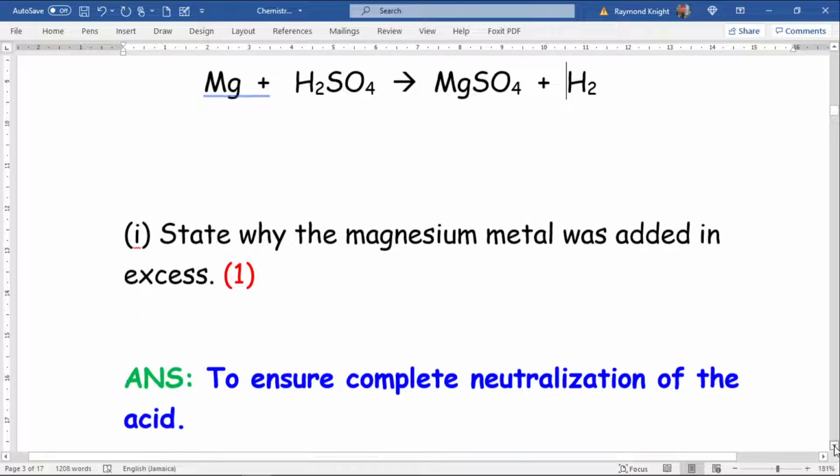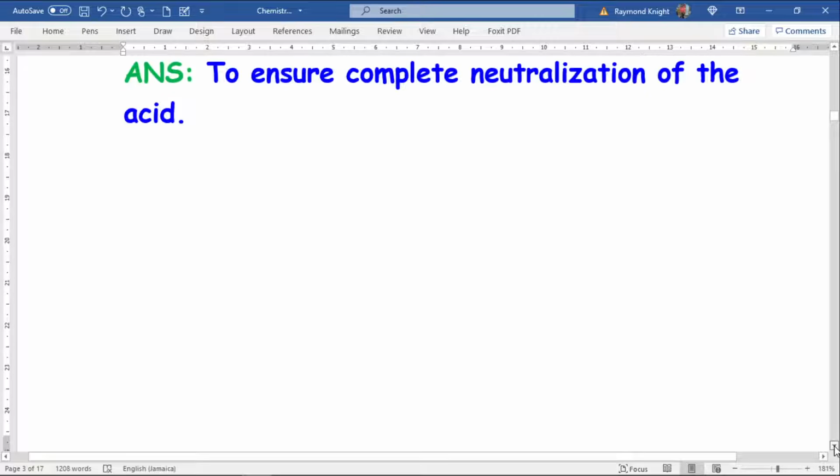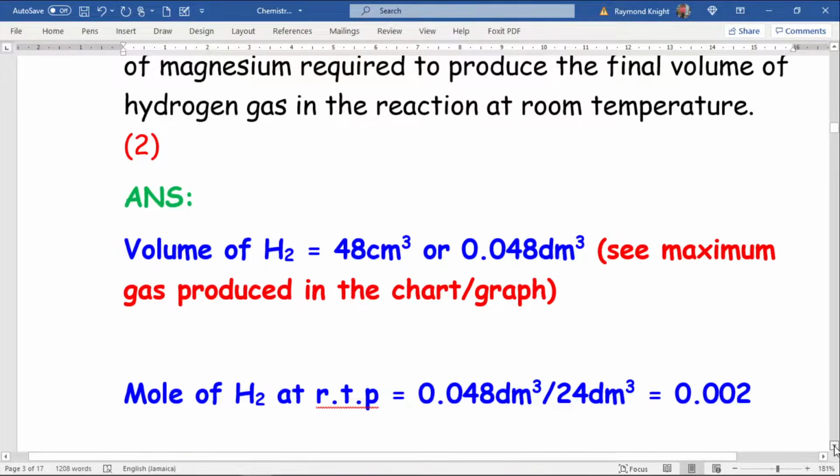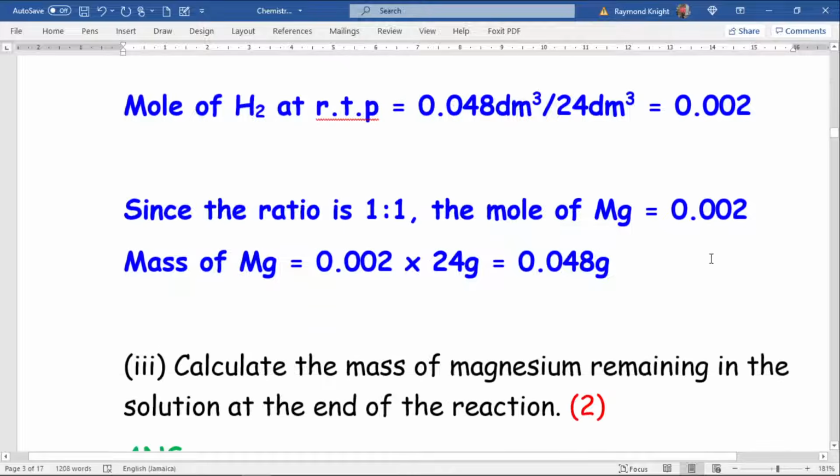That's why the mole of hydrogen gas produced is the same as the mole of magnesium used. However, to find the mass of magnesium, it is the mole multiplied by the relative atomic mass, which is 24. So the mole multiplied by 24 gives you the mass of magnesium, which is 0.48.